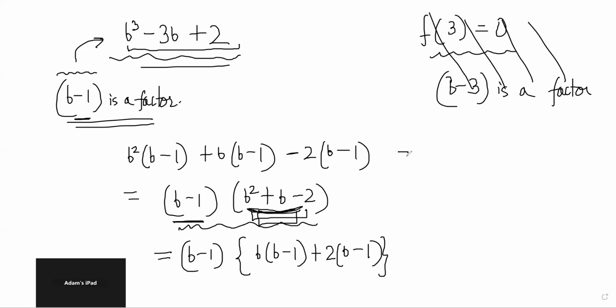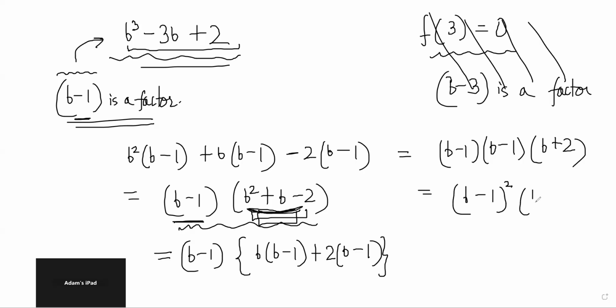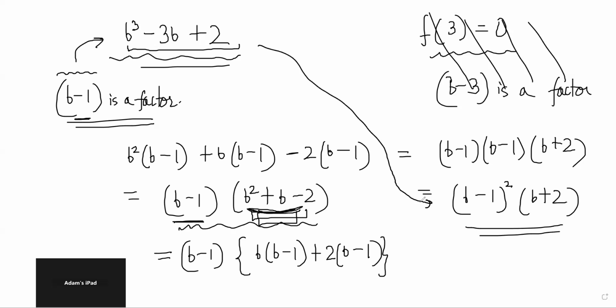So what I'm getting is basically b minus 1, b minus 1, and b plus 2, right? So this is the same thing as this, and clearly this is positive, and this is also positive. So this is positive.